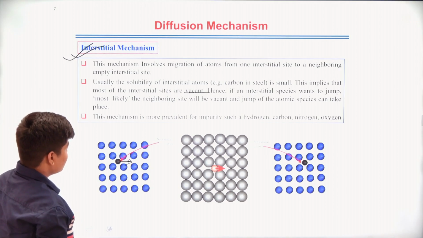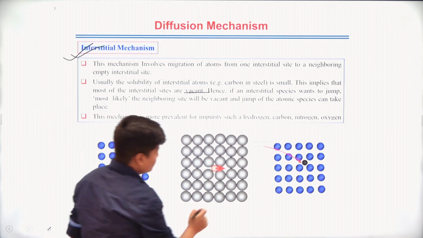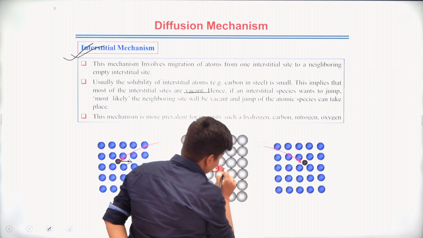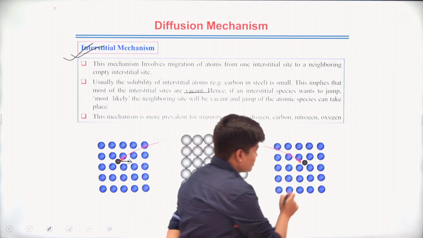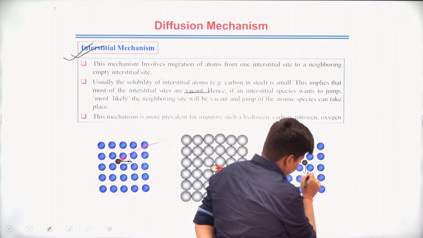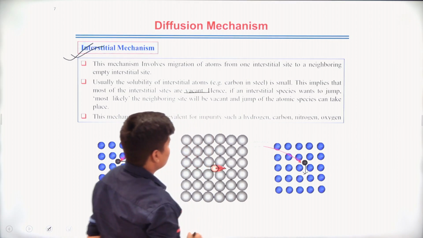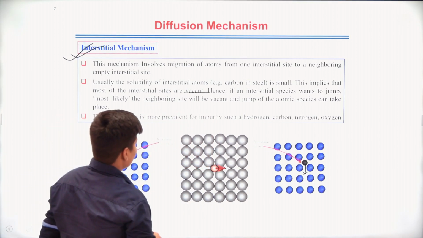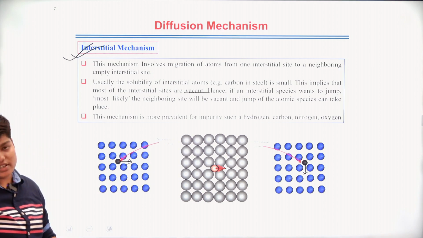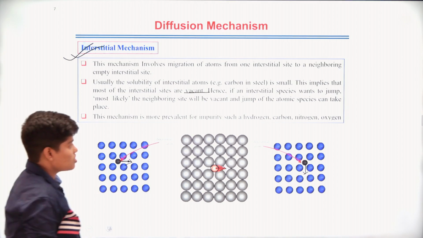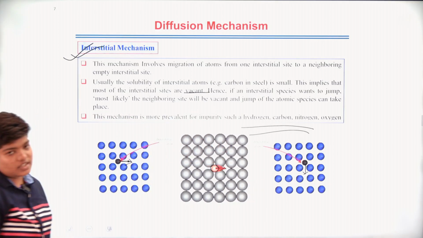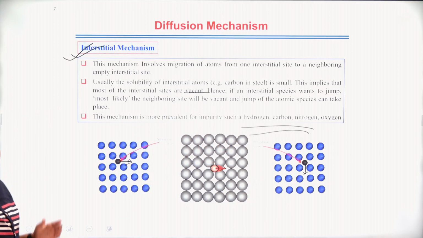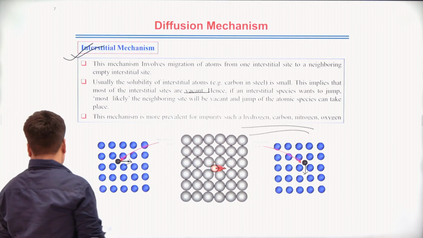See here, in the graph, diffusion will happen from this interstitial site to this side, as the interstitial atom comes to this side. This mechanism is more prevalent for impurities such as hydrogen, carbon, nitrogen, oxygen. In those materials, interstitial diffusion will happen.